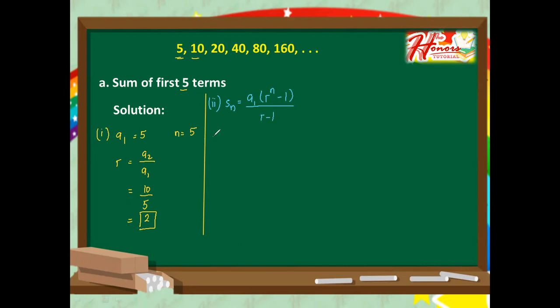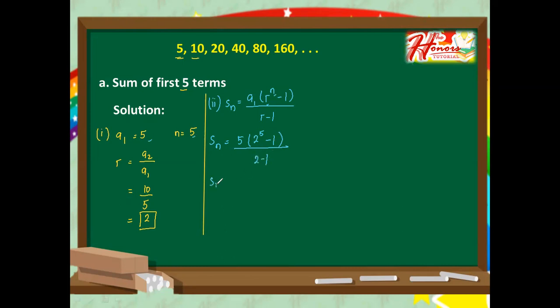So we have here S sub n is equal to a sub 1, that's 5, times the quantity of r, that's 2, raised to n, so that's 5, minus 1, all over r, which is 2, minus 1.